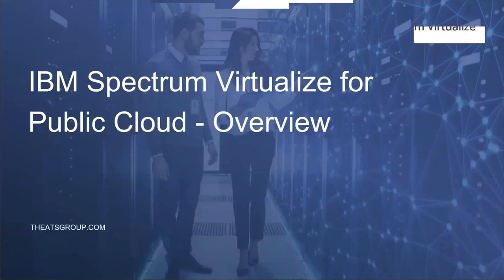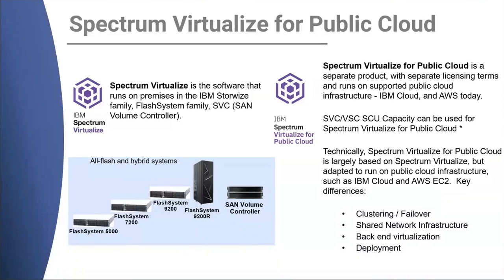Okay, Michelle. All right, so I'm going to take you briefly through Spectrum Virtualize for Public Cloud. I think some of you may be familiar with this offering already from IBM, but just to refresh, Spectrum Virtualize is the software that runs on premises in our IBM Storwize family, our FlashSystem family, and SVC.